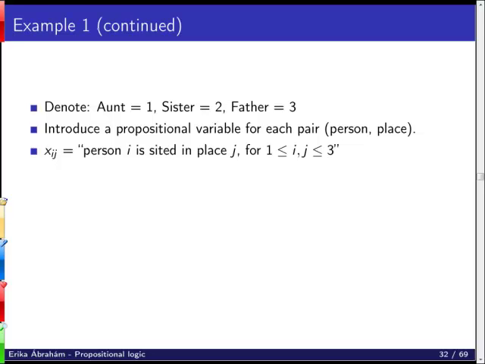If I encode with one bit yes or no, then it could be that for the first person, x_1 is true for chair 1 and for chair 2. They are not related. So I have to encode that one person cannot sit at the same time in two chairs.